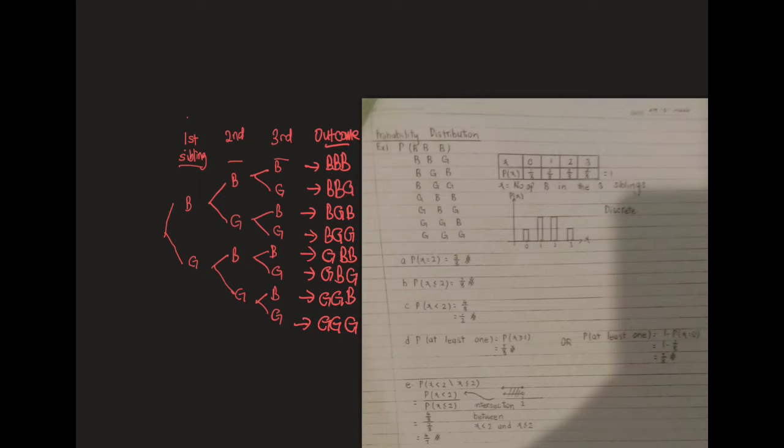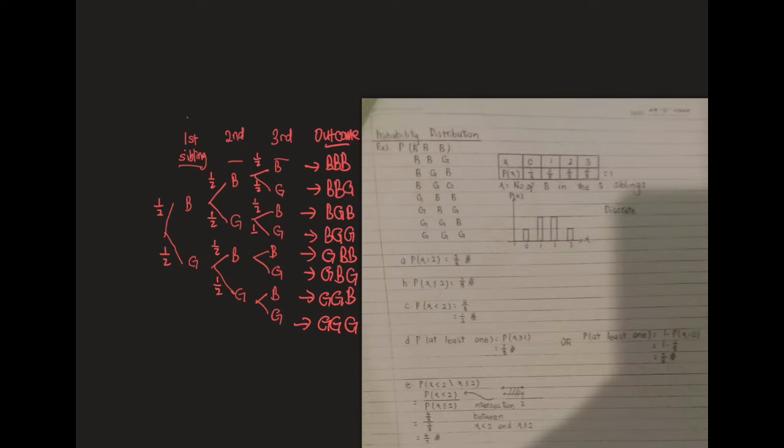And of course, in general, to get a boy, the probability is 1 over 2. To get a girl, 1 over 2. So what we normally do is put the probability on the line and below the line.